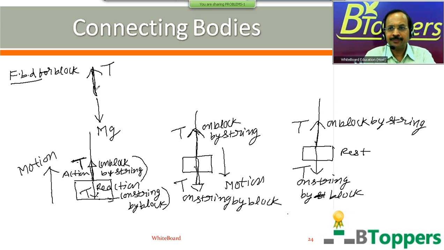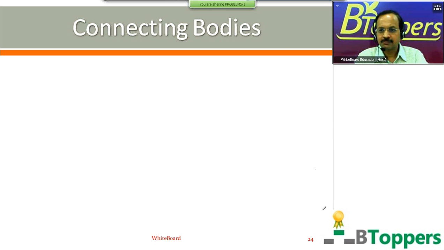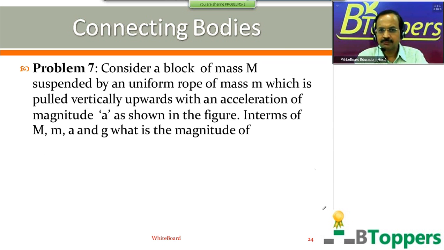To discuss how we evaluate the tensional force at different cross sections of a rope or string, I would like to discuss one problem based on this discussion. So look at the problem on the screen.